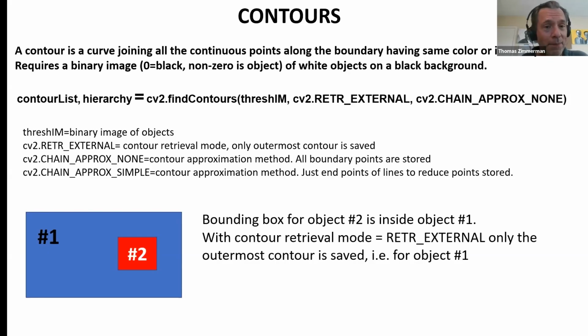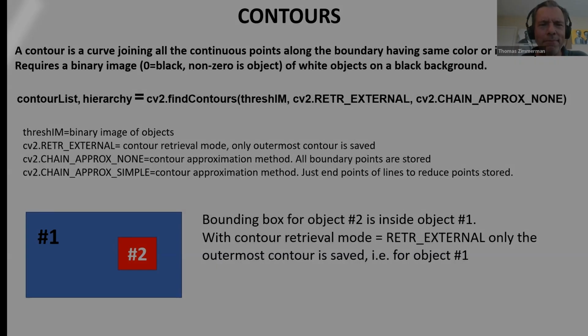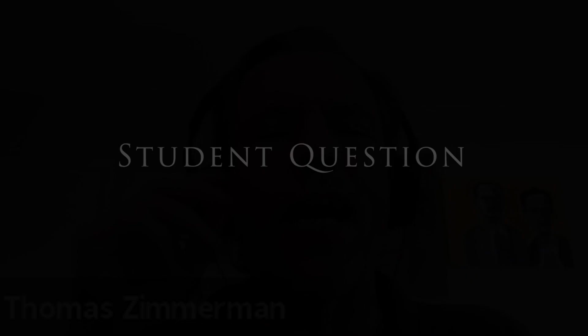And if you're being biologists, you might want the hierarchy in your images of cells and nucleus and all those other organelles. How do you see the hierarchy? It returns a list of lists. And so I'll refer you to the instruction.